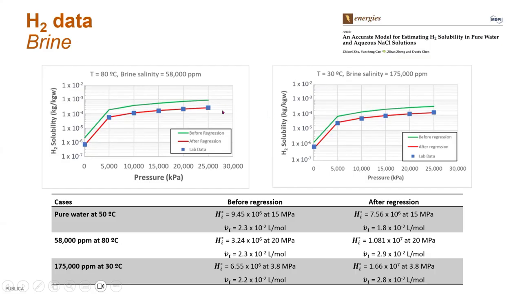In both cases, we could calibrate the data using the 2 parameters available in the model, the partial volume and the Henry's constant. Only with these 2 parameters, we could calibrate data to represent the solubility of hydrogen in the brine. So we can conclude that we can calibrate this model for pure water and for brines.